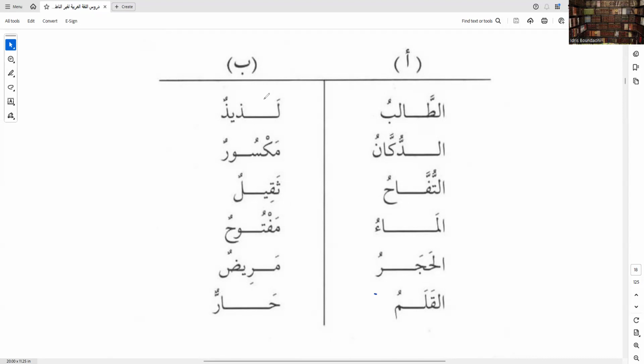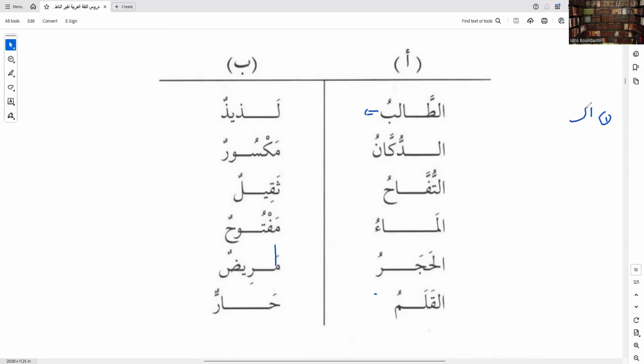And then on the column ba, the qa'imatu ba, we have ladhidun, delicious, maksurun, broken, thaqilun, heavy, maftuhun, open, maridun, sick, harrun, hot or warm. So these are words that we have already encountered. So you pick a talibu, and then you pick something here so that you can come out with a logical sentence.